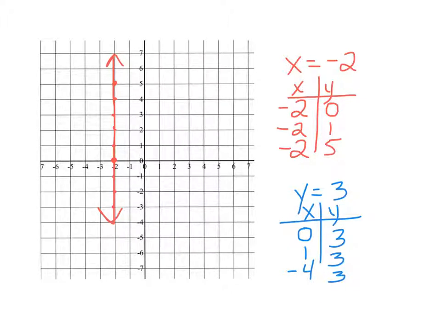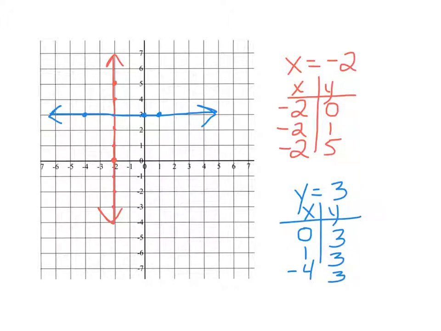If I graph these points, (0, 3) would be right here. I'm going to put a dot on (0, 3). (1, 3) would be this particular spot. (-4, 3) would be this particular spot. And drawing a line through those points gives me a line that is parallel to the x-axis.